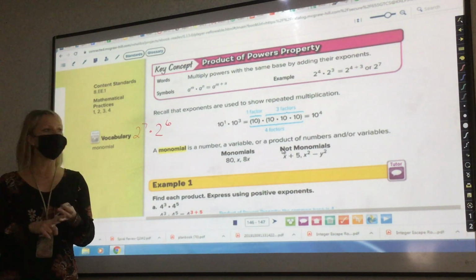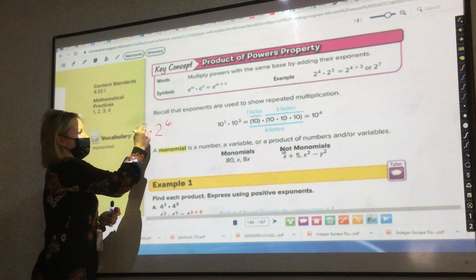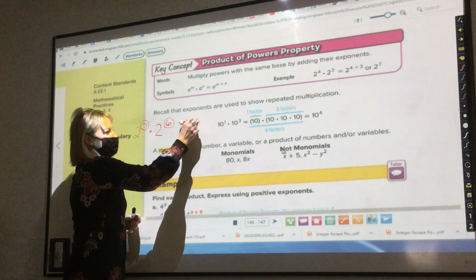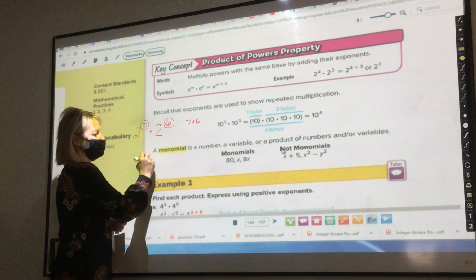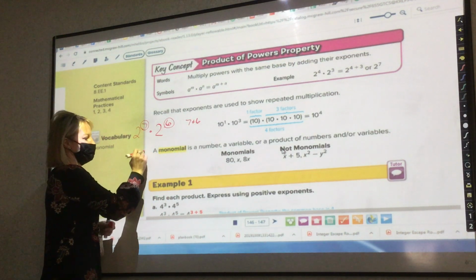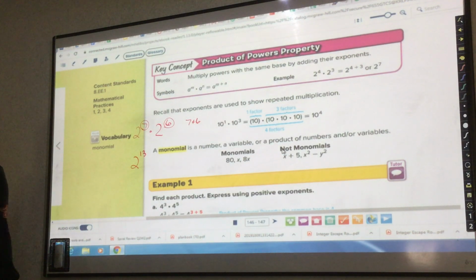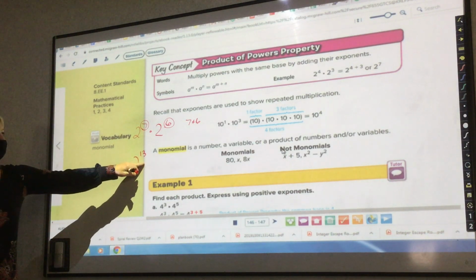All you do is add your exponents. So what's 7 plus 6? So then it would be 2 to the 13th. That's multiplying a monomial. That's it. Same base, all you do is add the exponent.